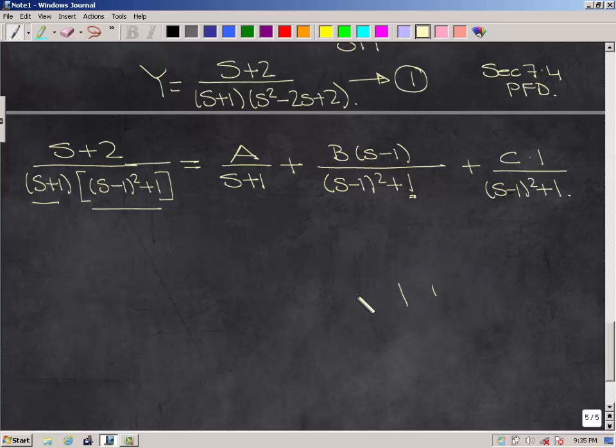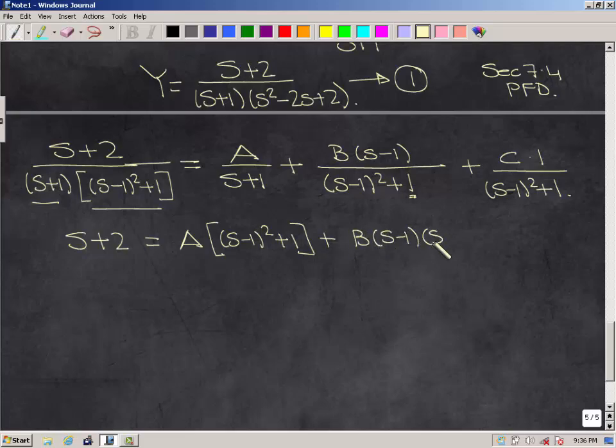Okay, the next thing is we want to find the constants, so we multiply both sides by the common denominator. So we get a times s minus 1 squared plus 1 plus b times s minus 1 times s plus 1 plus c times s plus 1. So I'm multiplying everything by the common denominator. Now we'll set factors to 0.